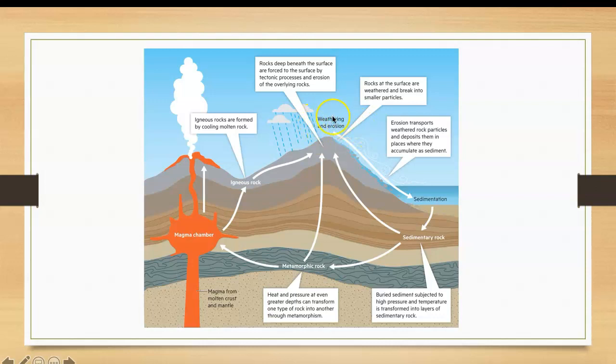We are going to learn what weathering and erosion are. So the big pieces of rock get broken down and carried away and become sediment. The sedimentary rock forms from the sediment. And sometimes it could be transformed to metamorphic rock.